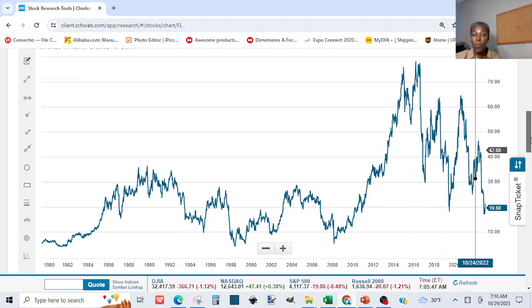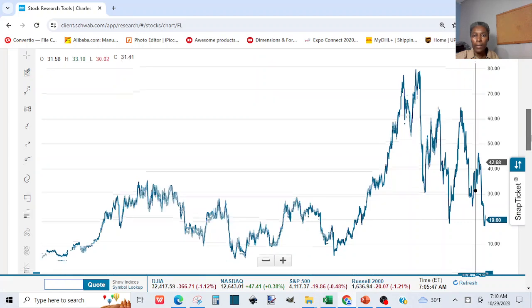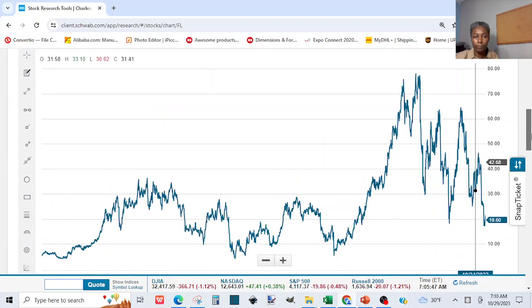If I want to compare Foot Locker to Gap and Boot Barn, GPS and Boko, I will say GPS is the first, Boko is the second, and Foot Locker is the third, in terms of how good their charts are.